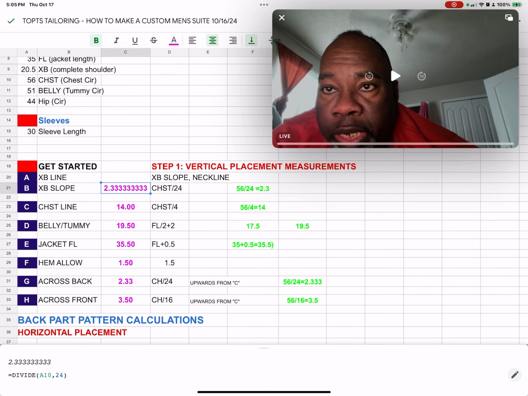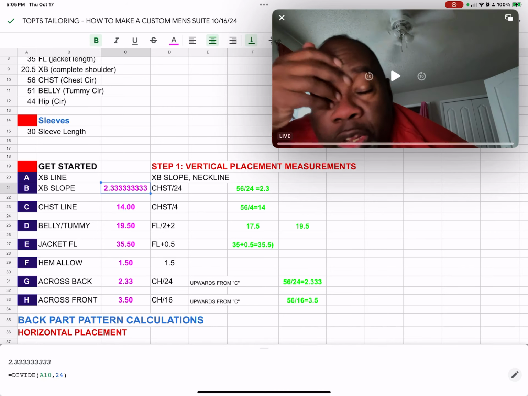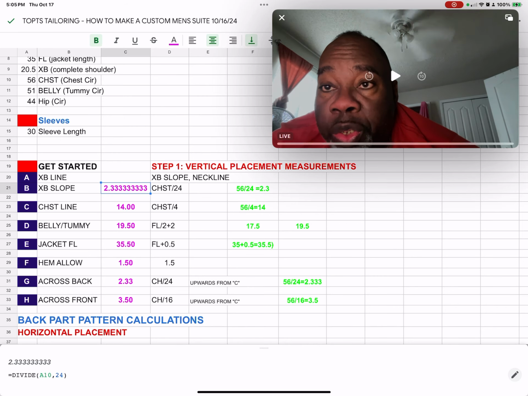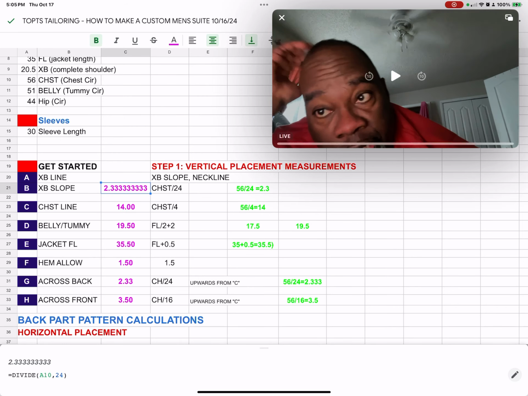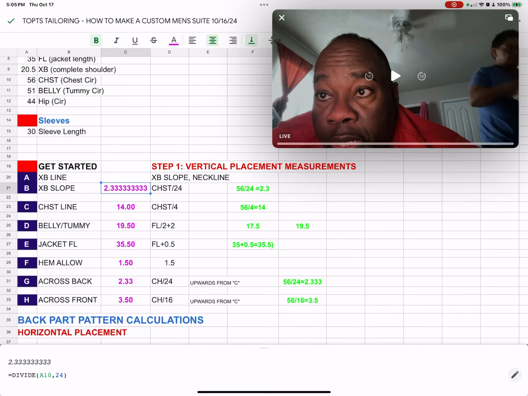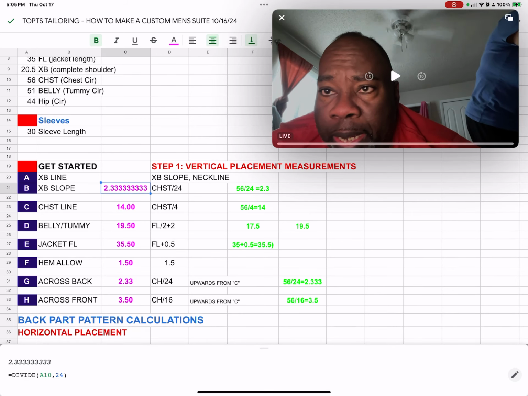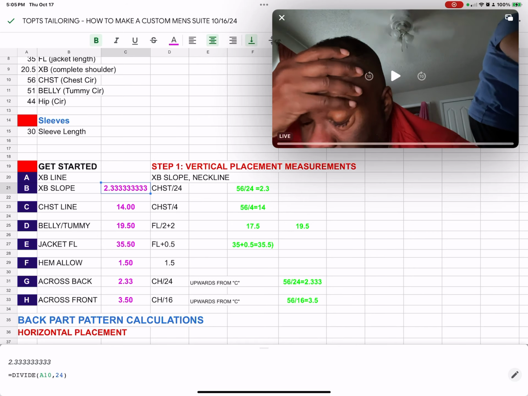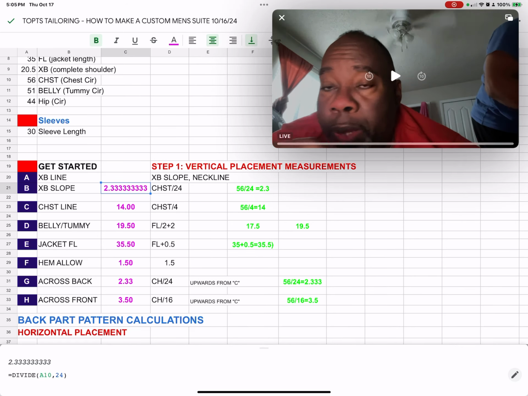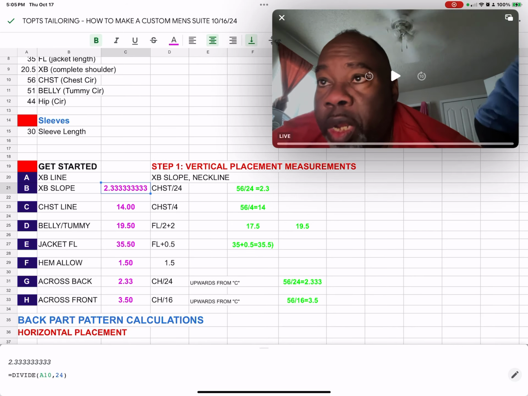The tummy, which is the full length of the jacket, is 35, divided by 2, which is 17.5. I'm sorry, I'm being interrupted here.